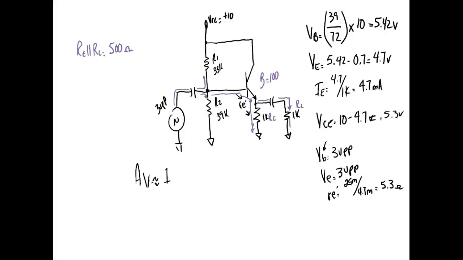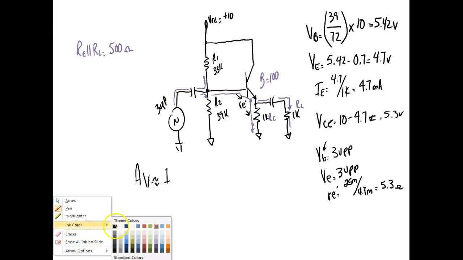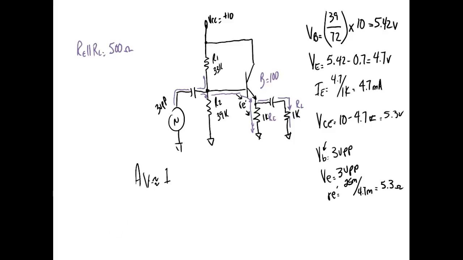So now we're doing the same thing that we just did for the common emitter. Lost anybody yet? Everybody okay? In parallel circuits, if you got two resistors that are the same size, or multiple resistors that are the same size, you can take one of the resistors and divide it by the number of resistors, right? But they got to be the same size.